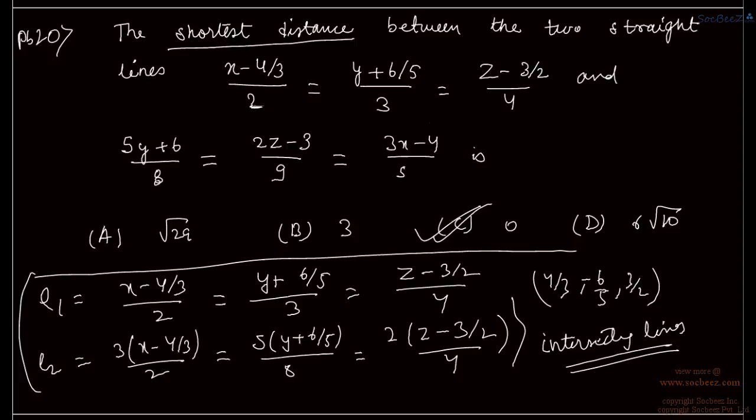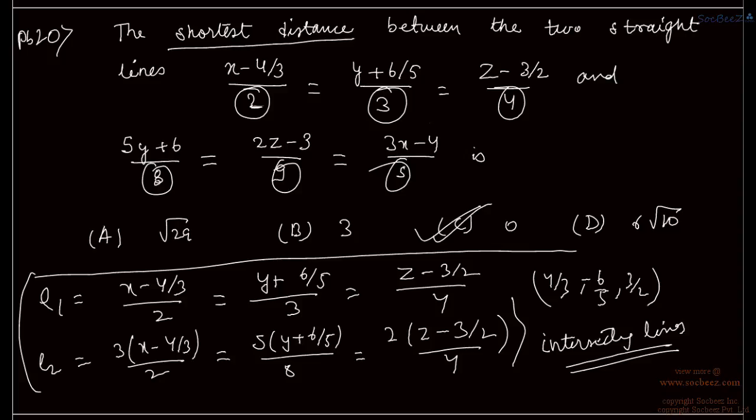If this had not been the case, then we would be using the formula for the distance between two skew lines. As we know, these two lines are not parallel, since the direction ratio of line 1 is 2, 3, 4, and the direction ratio of line 2 is 8/5, 9/2 and 5/3.